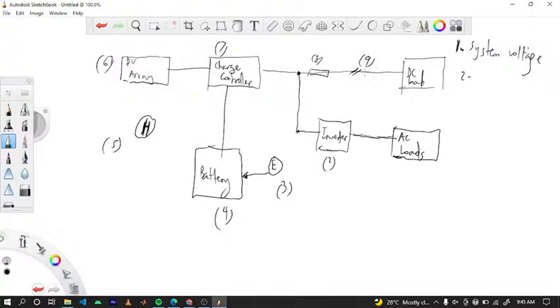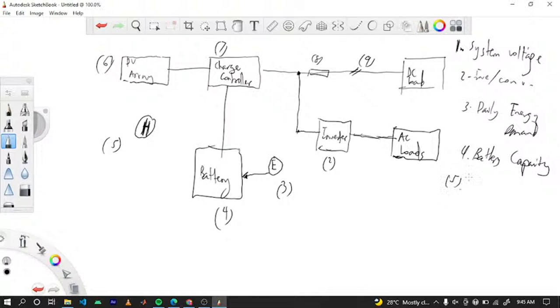So these are the steps. If you remember the diagram, it just goes like this. Find your system voltage, size inverters and converters, find your daily energy demand, E. Use that together with other parameters to find our battery capacity.